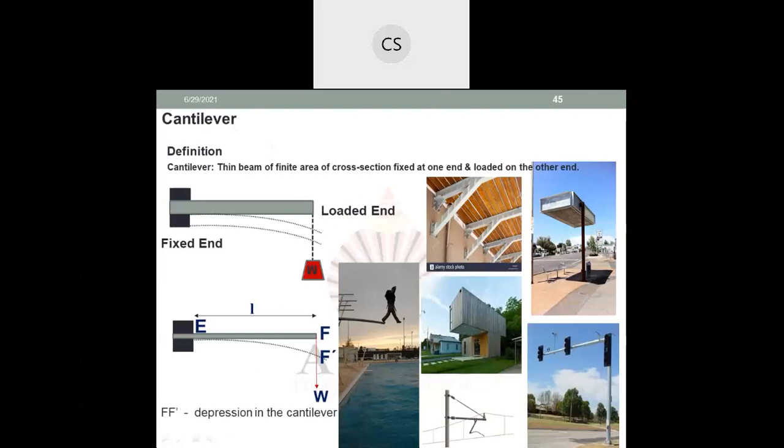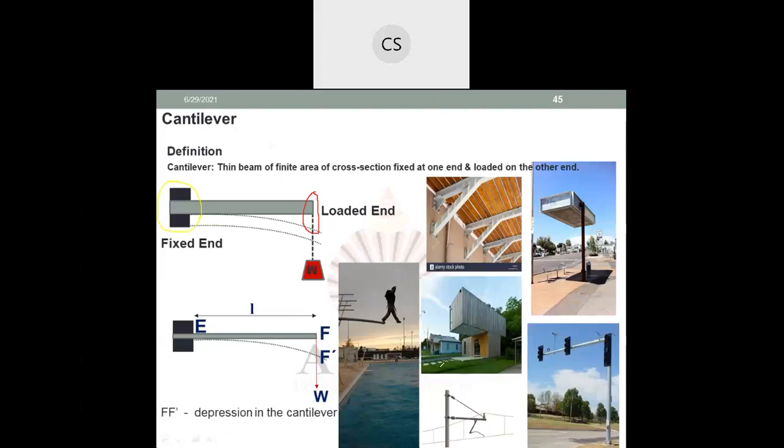So here you can see the beam is fixed at this end, and at the other end the beam is loaded. Fixed end and loaded end, you can see that.